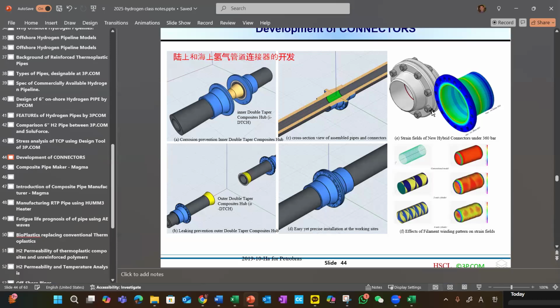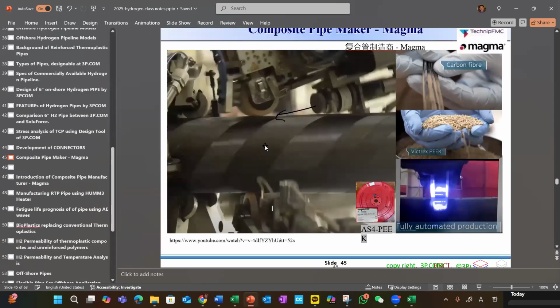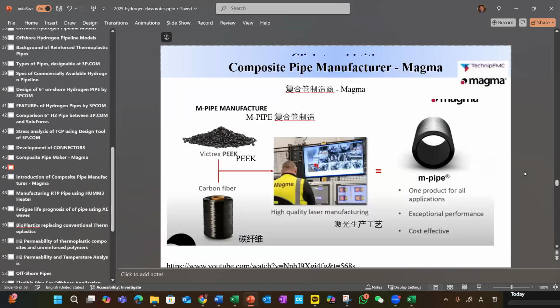So this is the system. We can have all plastics except this connecting bolt. So it's important. Well, this is the same winding structure as before. We saw how to manufacture this pipeline system.